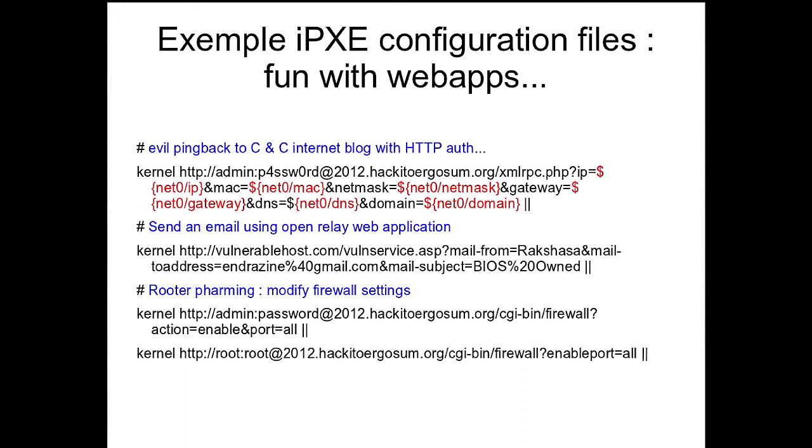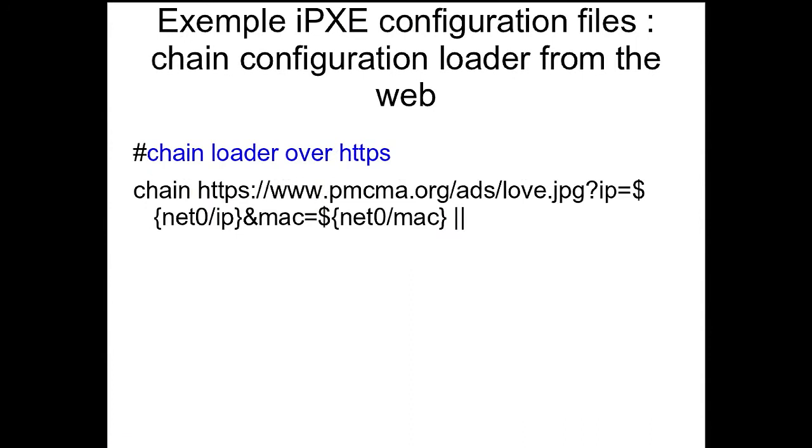You can do it a few times if you want. And then we're going to chain over an HTTPS configuration, meaning that instead of hard coding my configuration inside your BIOS, which would be forensic evidence, we're going to fetch the proper configuration dynamically, which can change over the internet, which is what we just saw as a demo.